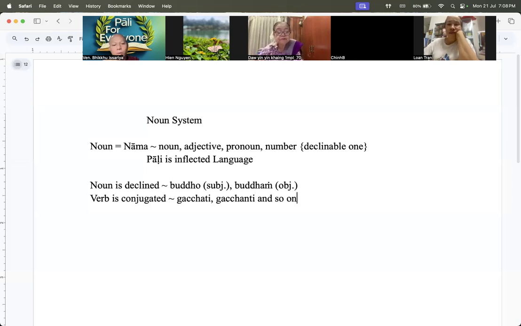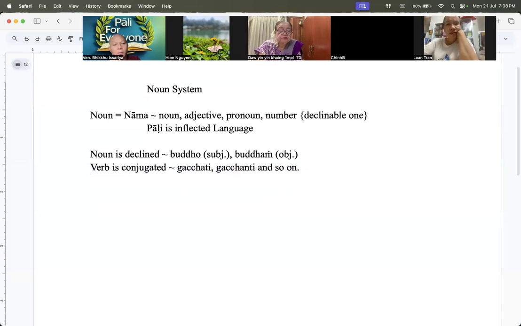All of those, declined or conjugated, are called inflected. We have already learned present tense and future tense. So now we will go to the noun.